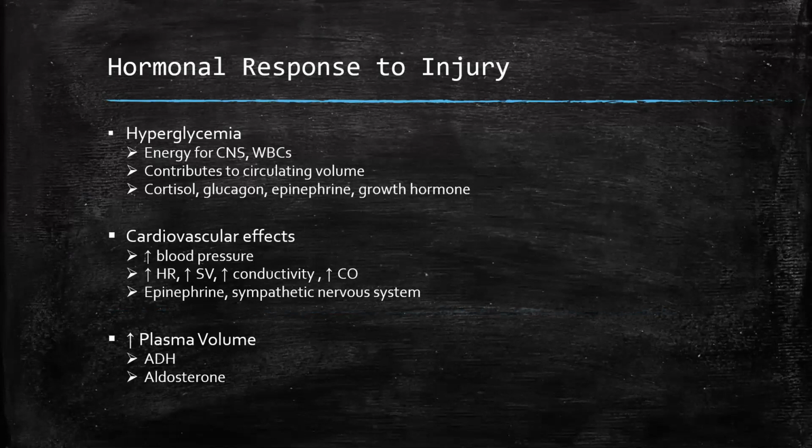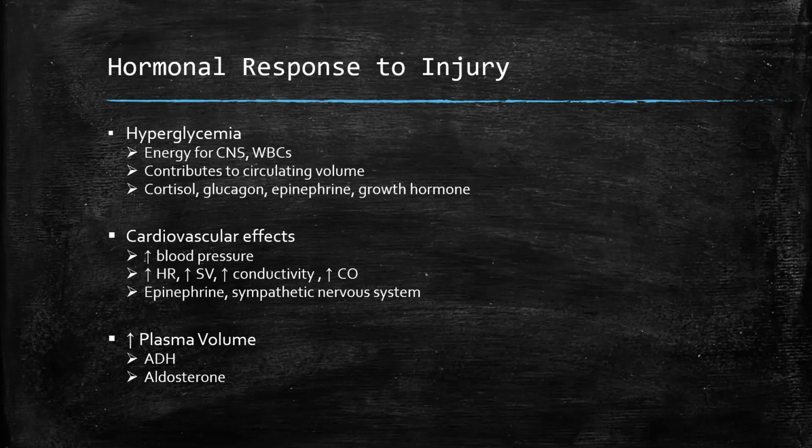An injured patient mounts a hormonal response. And there's really three major effects of this response. There's a hyperglycemic response, which primarily keeps glucose levels high because the CNS and a few other tissues are obligate glucose users in the immediate injury period.